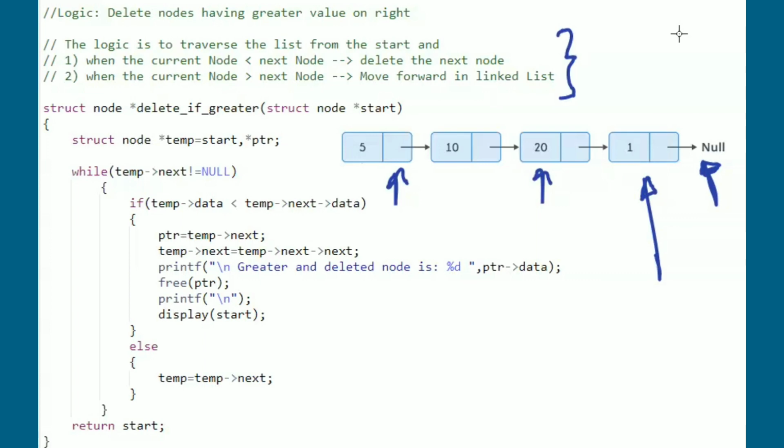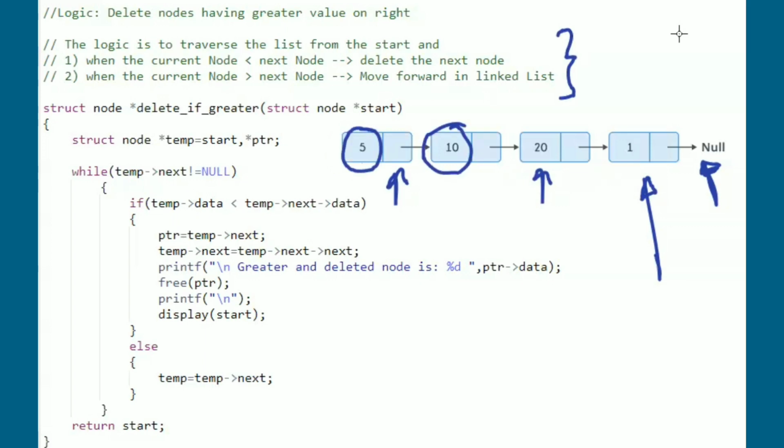So first thing we have to understand here, we are going to traverse a linked list from first node to the second last node. Next thing is that when you are going to traverse, we are going to compare current node value with next value. That means I am comparing a current value 5 with its next value 10.